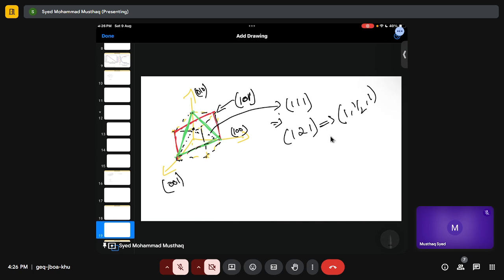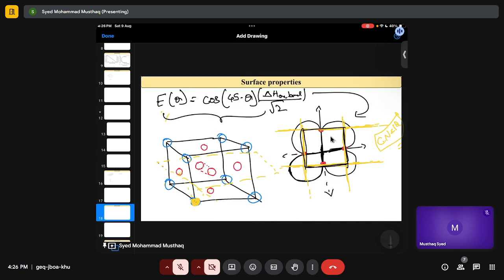That's all. Now it depends on which direction I'm trying to cut. If I'm trying to cut in the horizontal direction, this cut will be 0, 1, 0. If I'm trying to cut in the 0, 1, 0 plane direction, then the coordination number will be 5. What about if I'm trying to cut like this in the 111 plane direction?